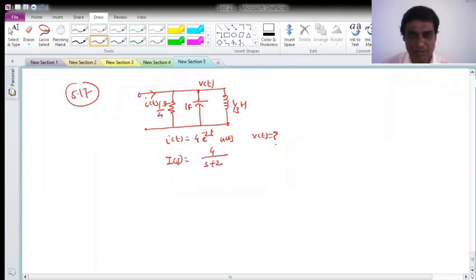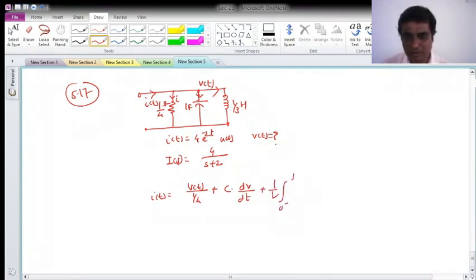I know this current will be the sum of the three branch currents. So I of t is V of t by 1 by 4, plus C dV by dt, plus 1 over L integral from 0 negative to t of V of tau d tau.